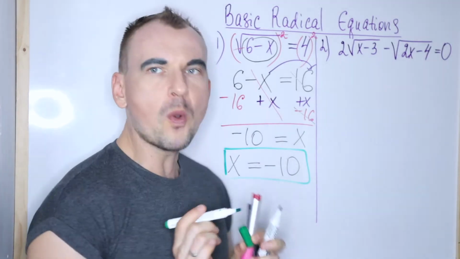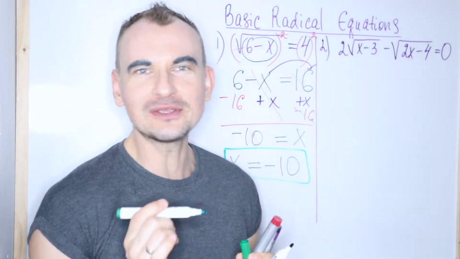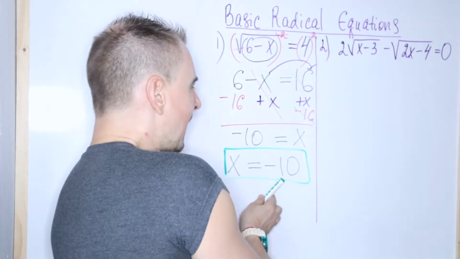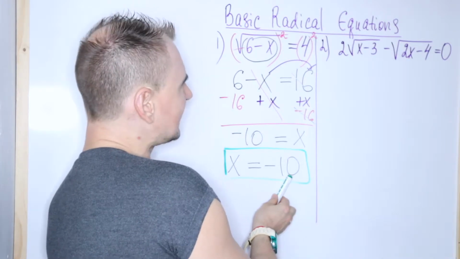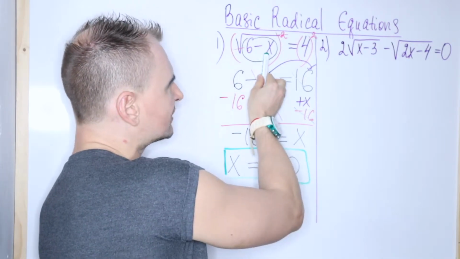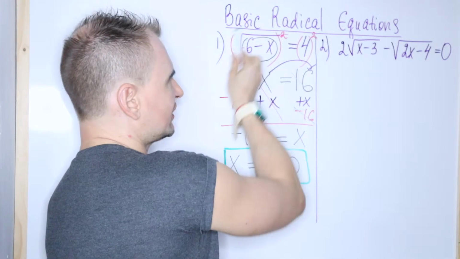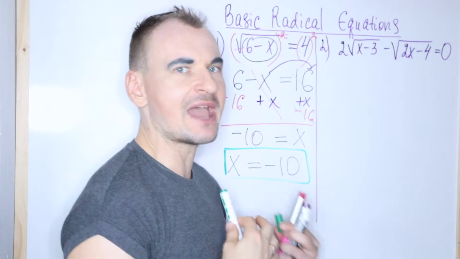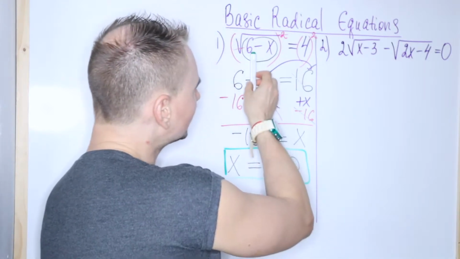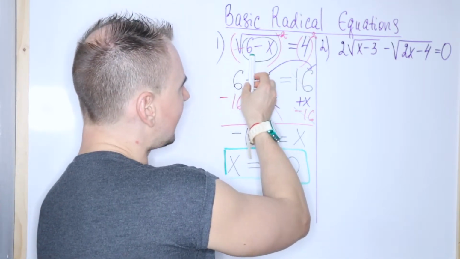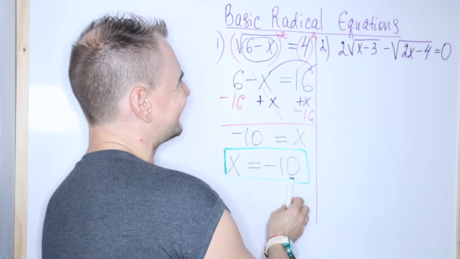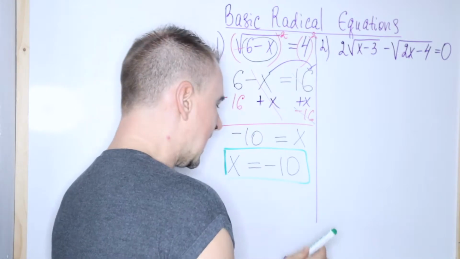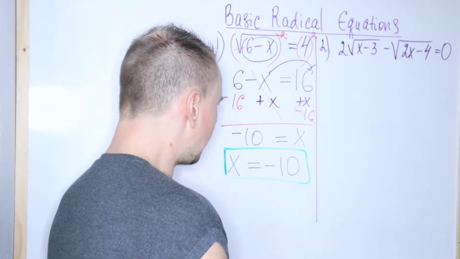At this point, if you like, you could check your solution by simply taking this negative 10 and substituting for x into your original equation. Basically you could do it mentally, you don't have to write it explicitly. So look, you would have something like 6 minus negative 10, that you would get 16, positive 16 underneath your root symbol.